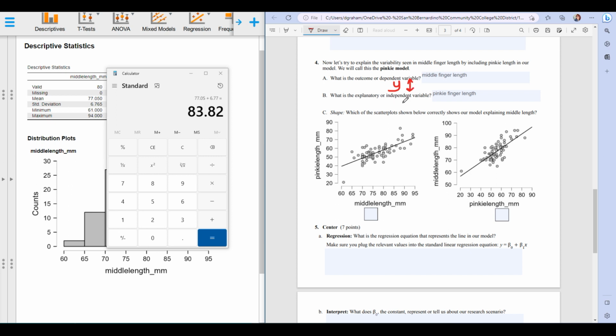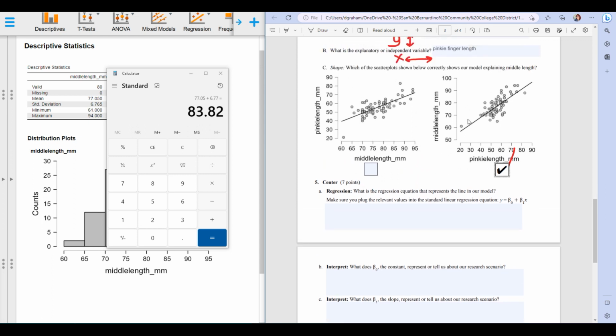And we want our independent variable, that is our x, and that's going to be on this axis. So let's see which of these has middle finger on the y-axis and pinky on the x. So here we have pinky on the y and middle on the x. That's the opposite of what we want. Here we have middle on the y and pinky on the x. So this is the one we want, and I think actually you can check it.